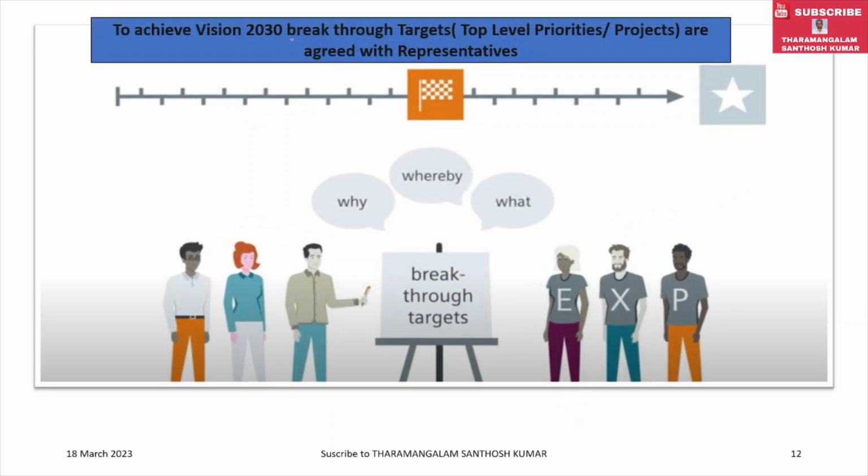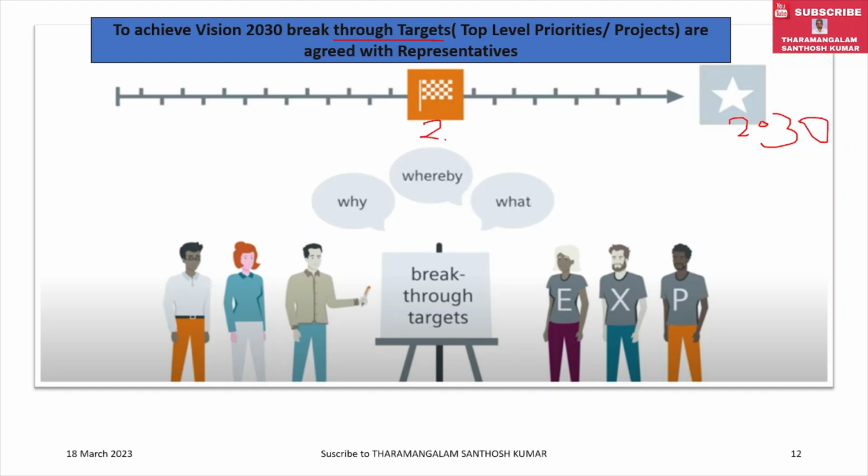So now, to achieve the Vision 2030 breakthrough targets, which are nothing but these projects agreed with all the representatives, as I explained in the Hoshin Kanri matrix. So this is year 2030, the vision we have to achieve as an organization.